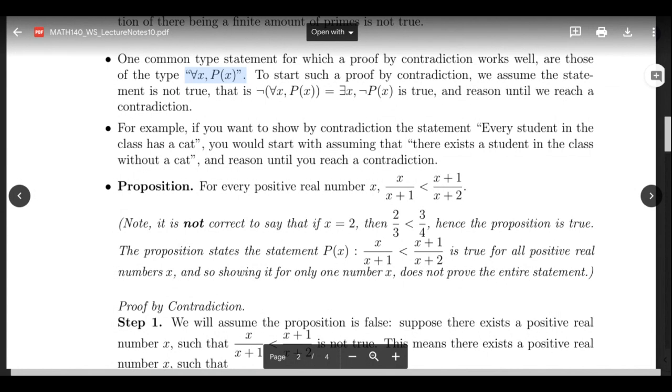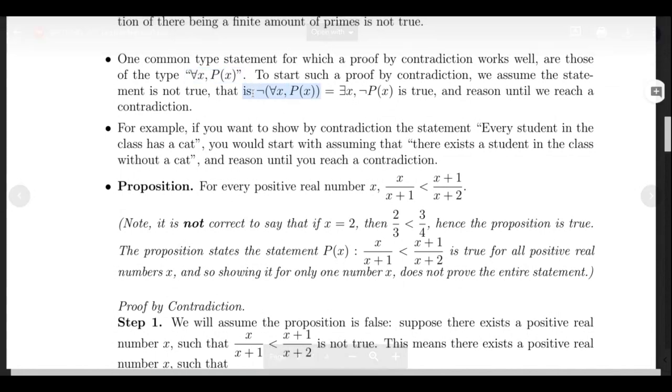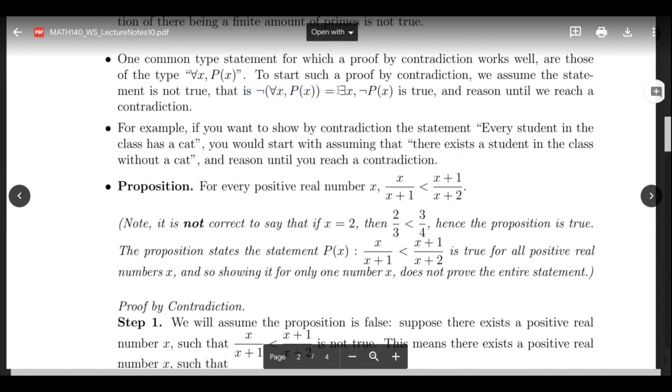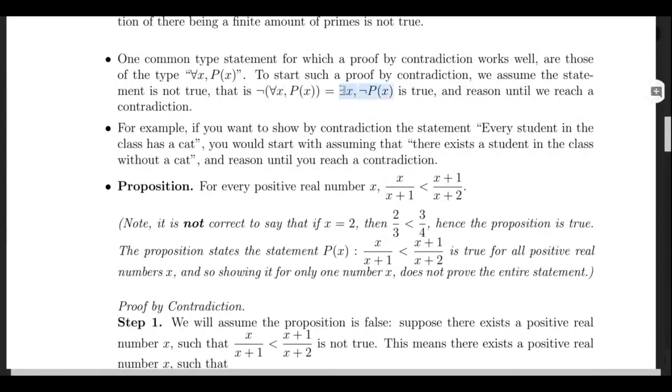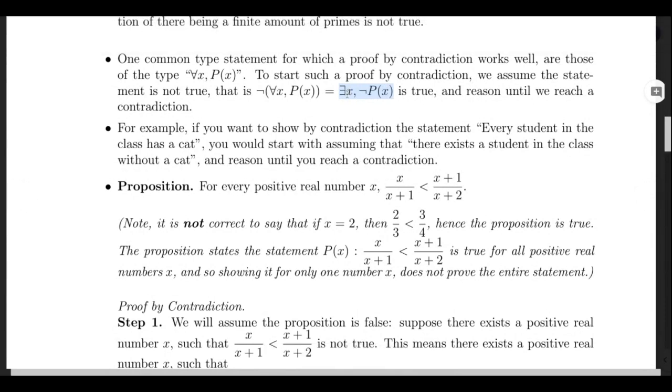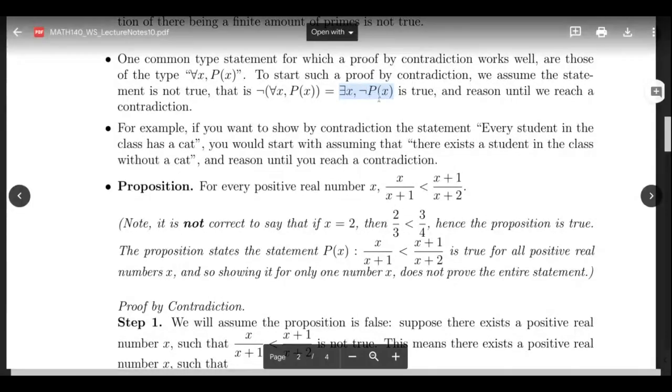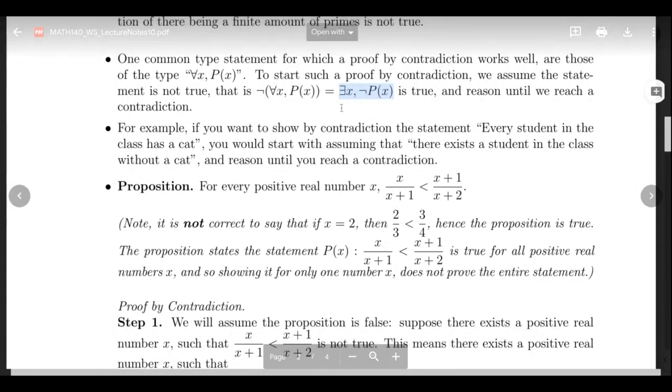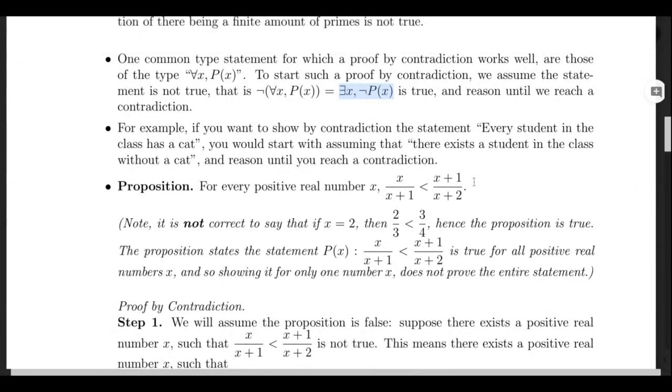Remember negation? What's the negation of "for all"? There is one that makes P not true. So "not for all" means there is one thing that makes the statement not true. So this is proved by contradiction.